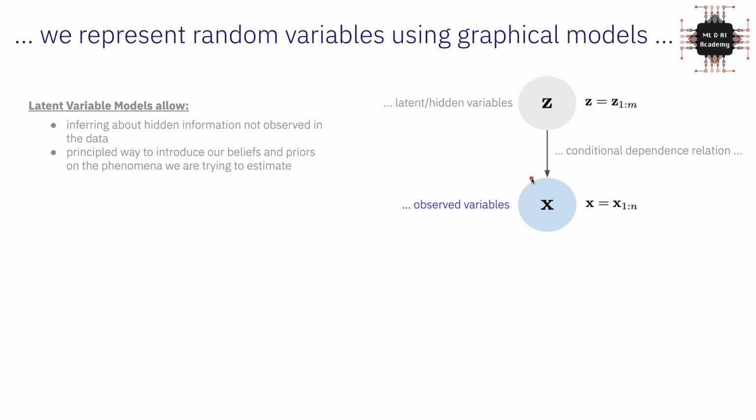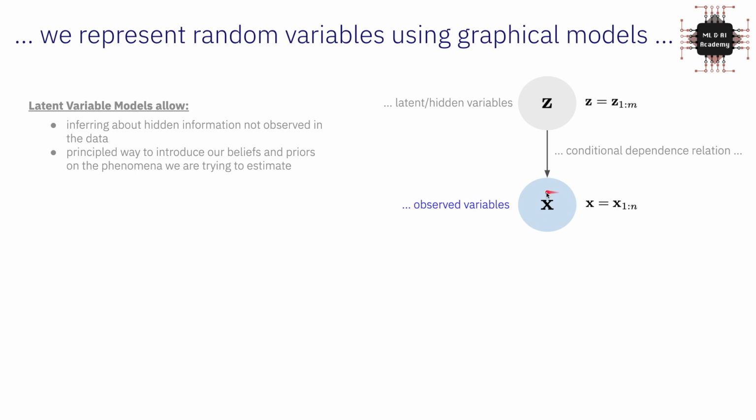So we represent this process by a graphical model that looks like this. Again, we have an observed variable x and we have a latent or hidden variable z. As I said, there's some hidden process, and in order to represent that hidden process, we're going to introduce a latent or hidden variable. Now this arrow here is a conditional dependence relationship, which really means that the distribution of x is conditioned on z.